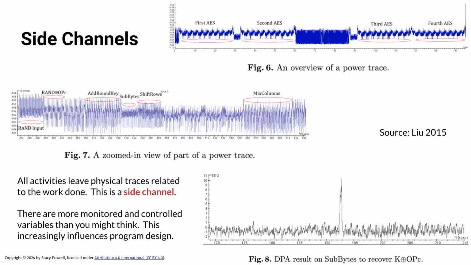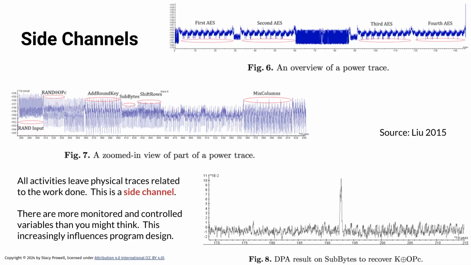Let's also think a little bit about side channels. Side channels came up previously when we talked a little bit about systems theory. We said, hey, a channel is something over which communication takes place. And a side channel is something over which unintentional communication can take place. In this case, in these graphs, we're looking at the power side channels.